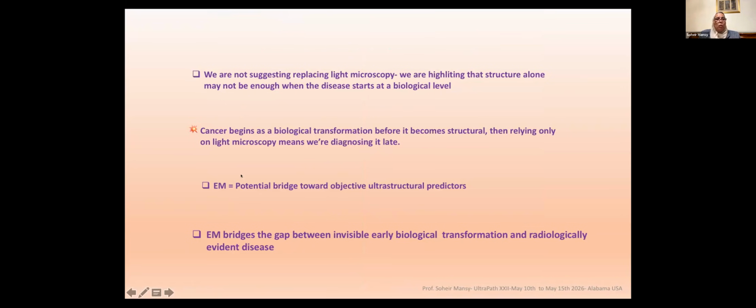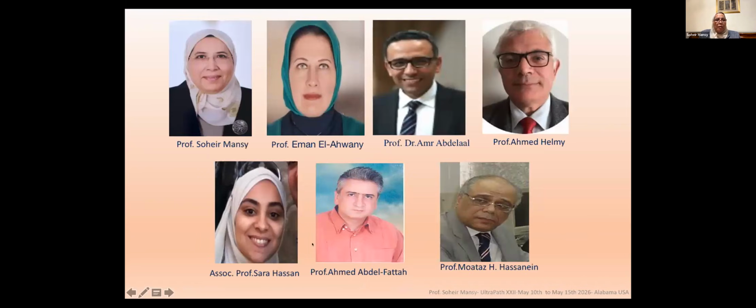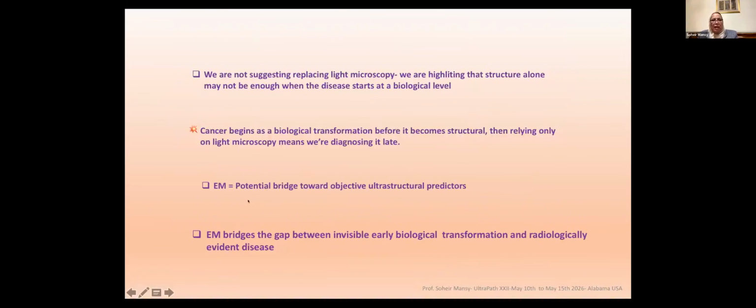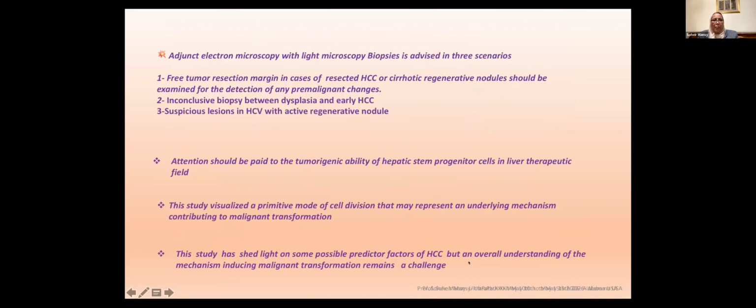Electron microscopy is a potential bridge toward objective ultrastructural predictors. At the same time, electron microscopy bridges the gap between invisible early biological transformation and radiologically evident disease.